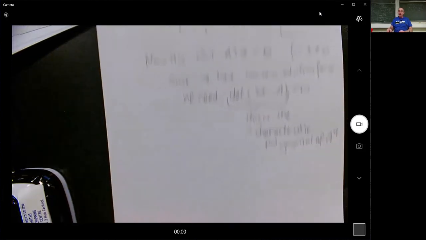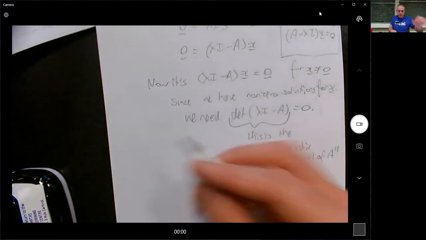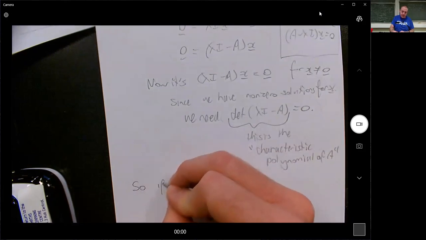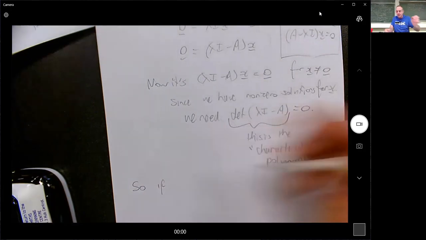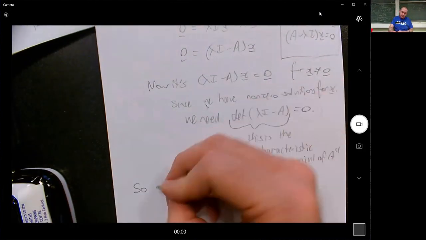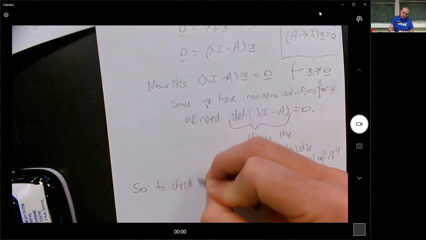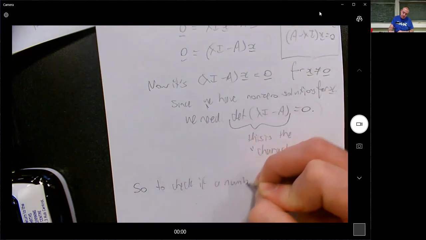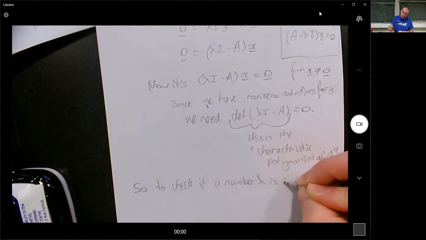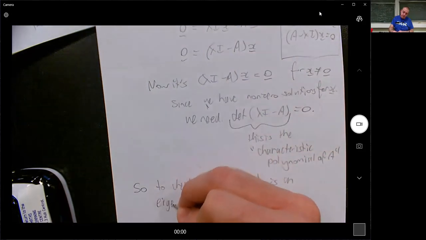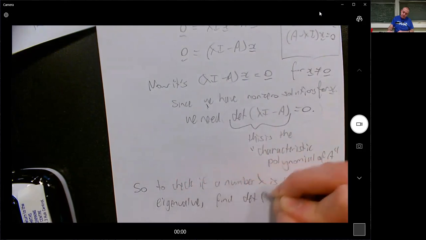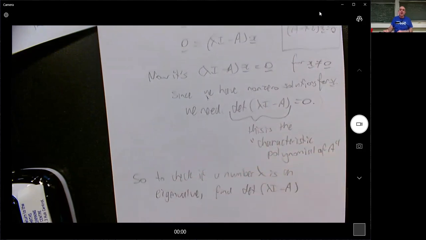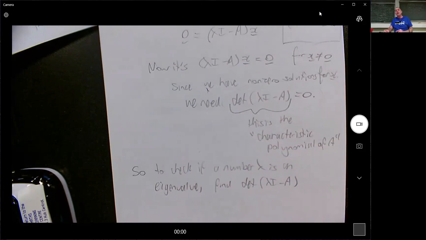So to check if a number is an eigenvalue, find the determinant of lambda I minus A. And if it's 0, then it's an eigenvalue.